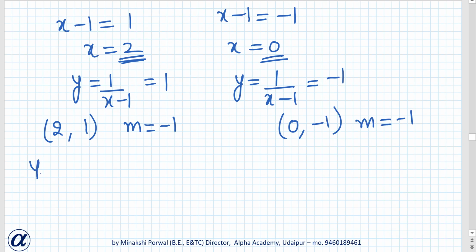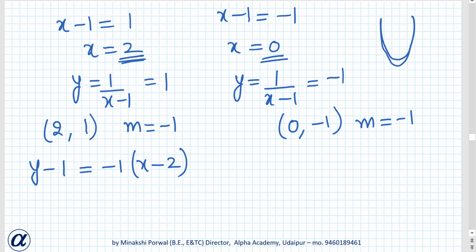So y minus y1 equals m into x minus x1. These are two different points on different lines. We have to find the equation of all the lines having slope -1 tangent to this curve.